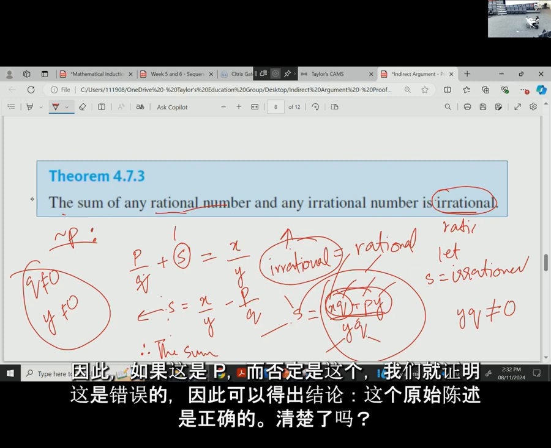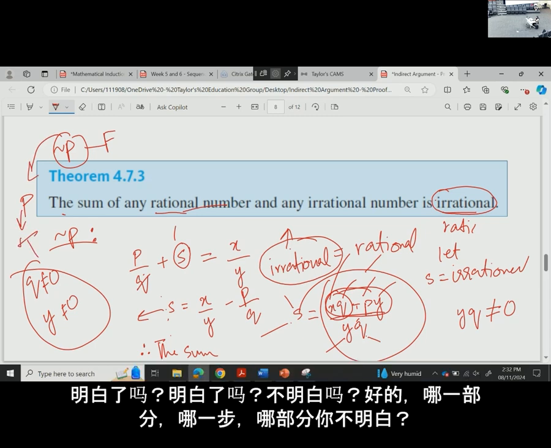So if this was P and the negation was this one, we have proved the negation to be false. This leads to the conclusion that the original statement is true. Clear? Understand? Yes? No?